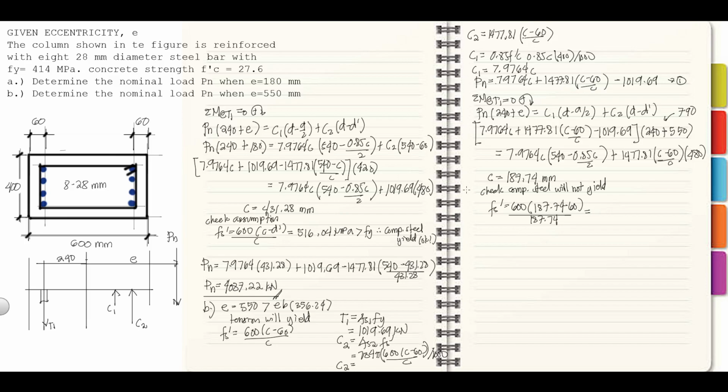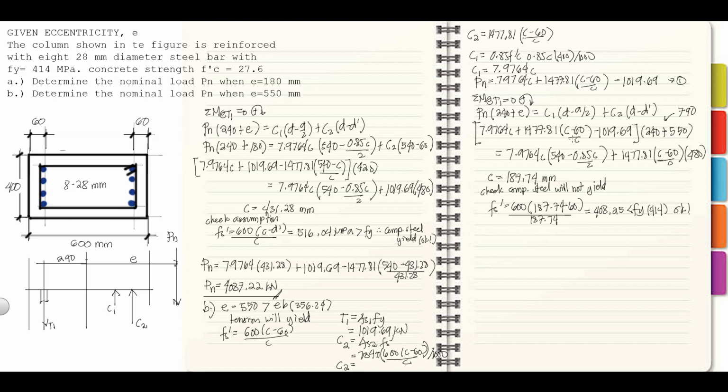So, 408 po lumabas. Okay, so 408.25, which is less than our Fy, 414. Okay? Therefore, yung assumption natin is tama. Hindi siya nag-yield. Kaya yung ginamit na equation natin for Fs prime is hindi nag-yield.